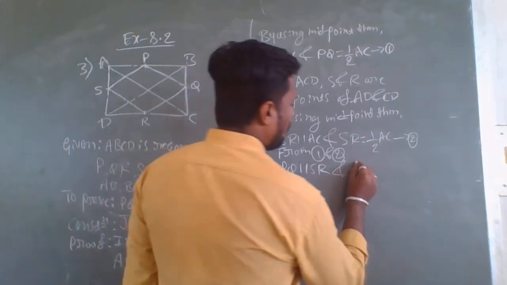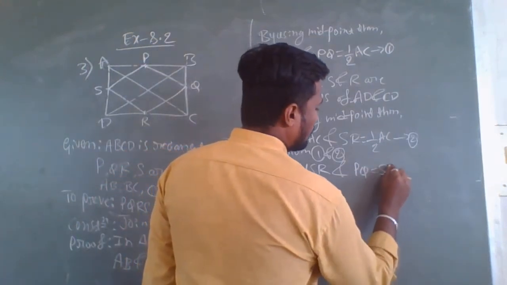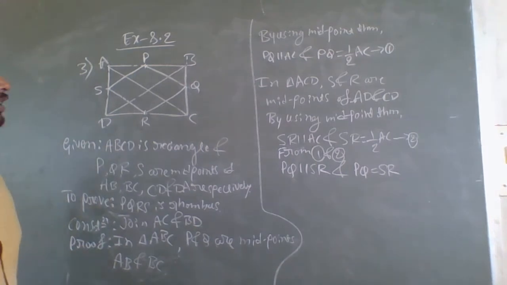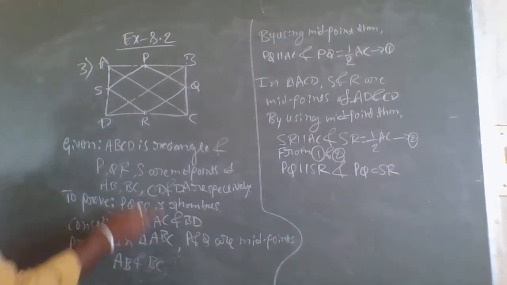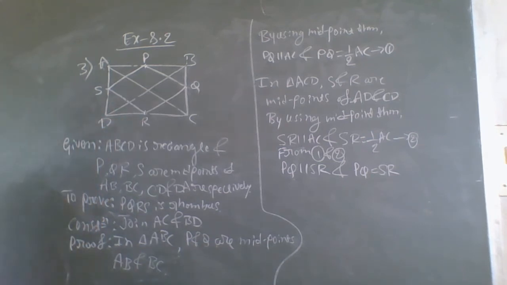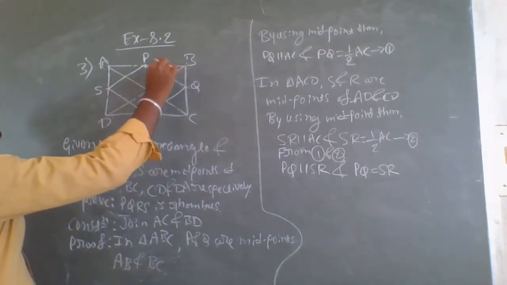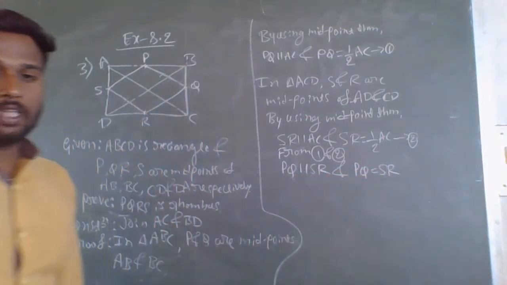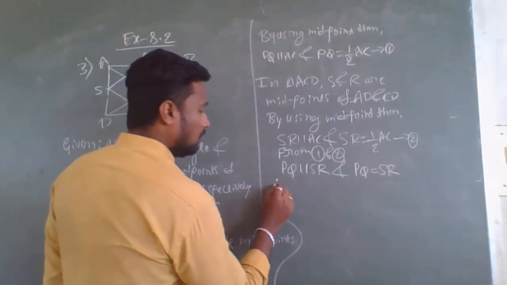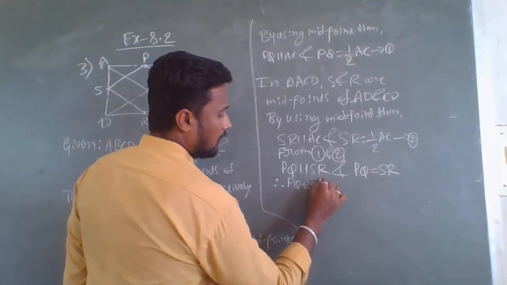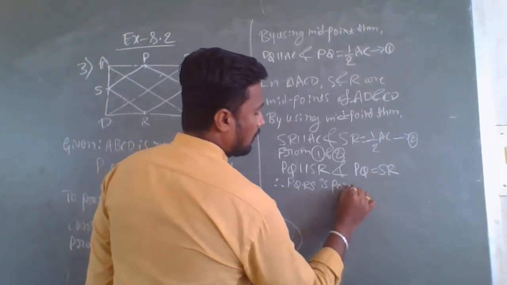Therefore PQ is equal to SR. So one pair of opposite sides, PQ and SR, are parallel and equal to each other. Therefore PQRS is a parallelogram.